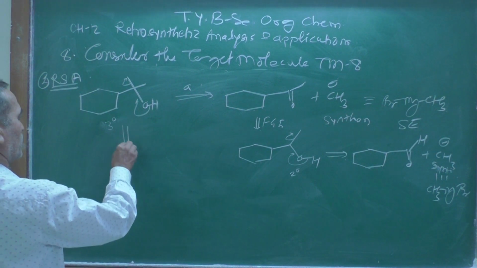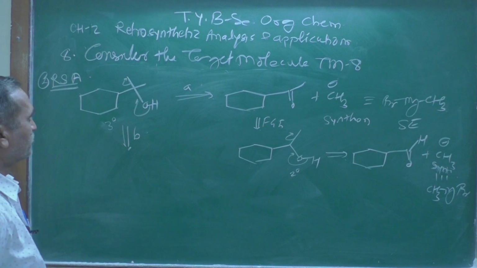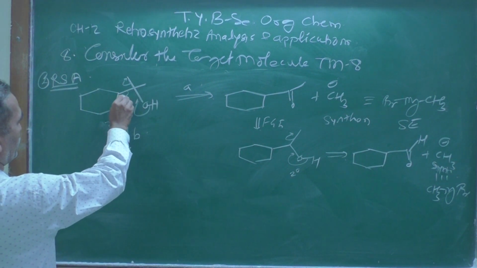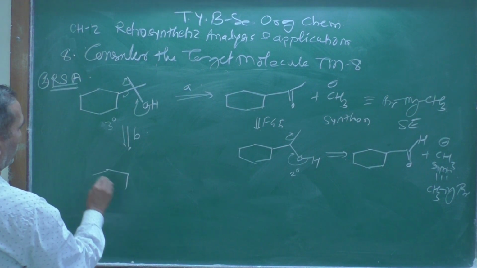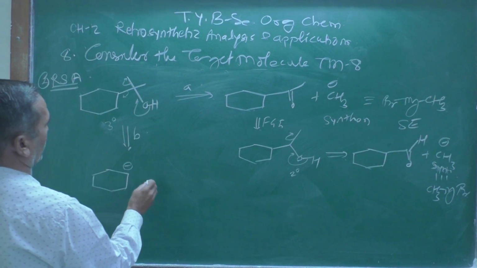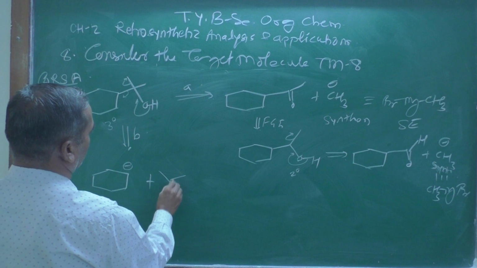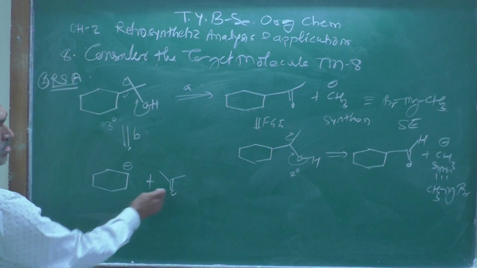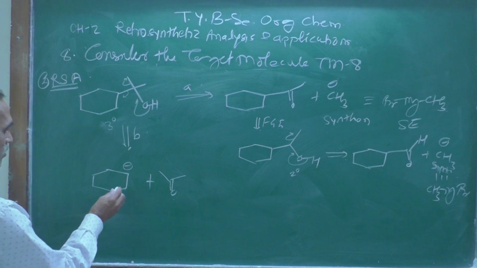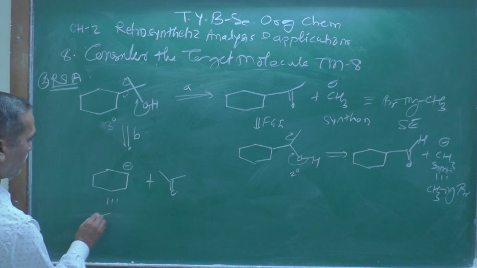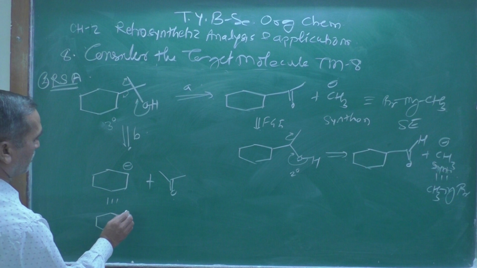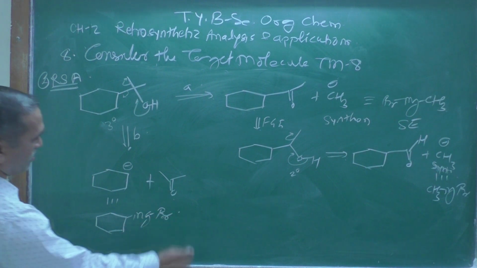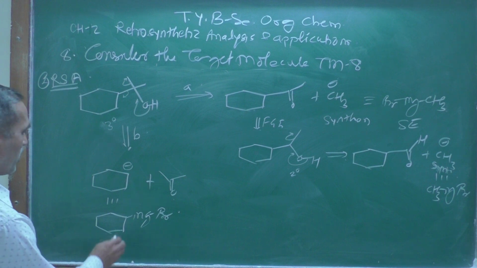Now let us see the B way, B route. If you break like this, you may get a negative charge and plus C double bond O, acetone. That is the synthetic equivalent we got, and the synthetic equivalent for this will be this one. You can attach MgBr over there, which is a Grignard's reagent.